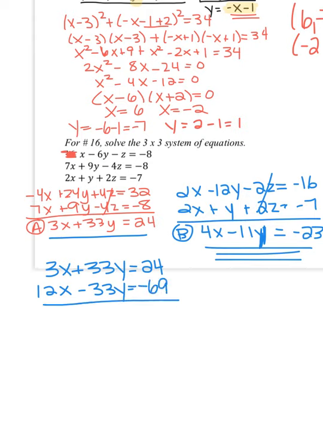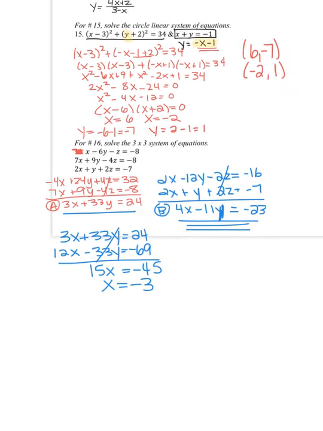I add down. This gives me 15x. My y's will cancel. 24 minus 69 is negative 45. Divided by 15 gives me x is equal to negative 3.